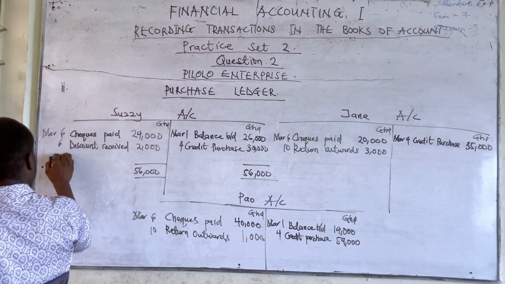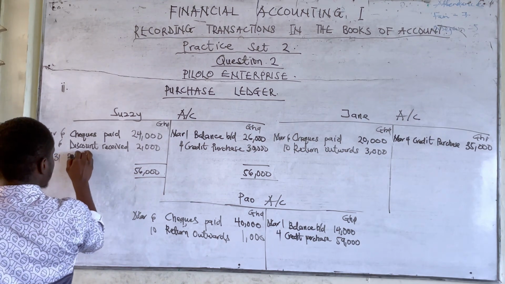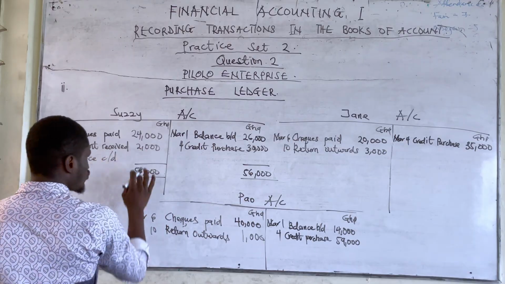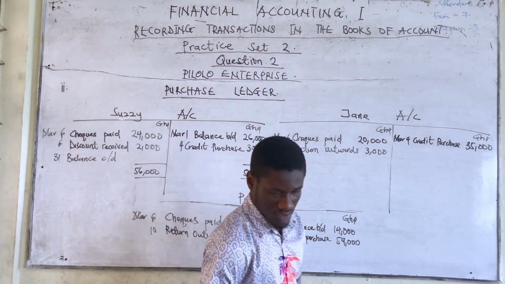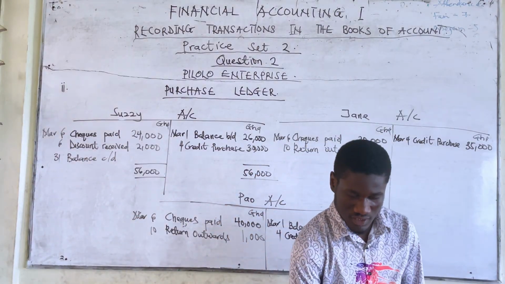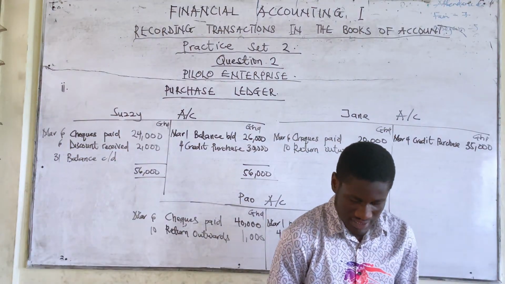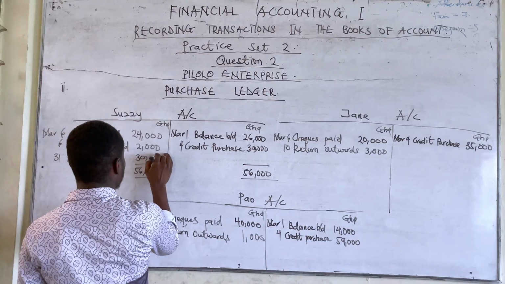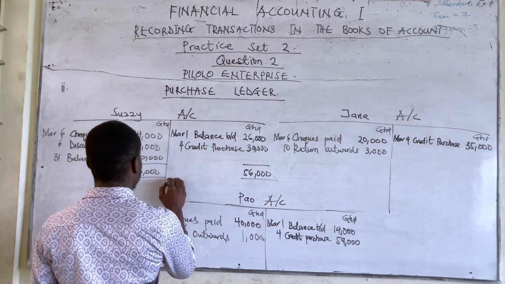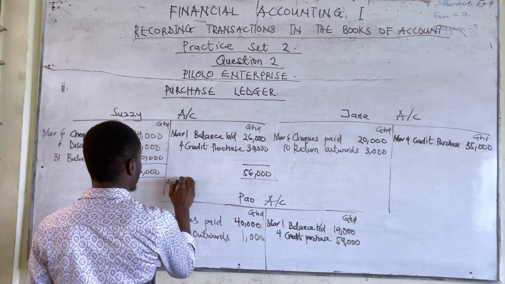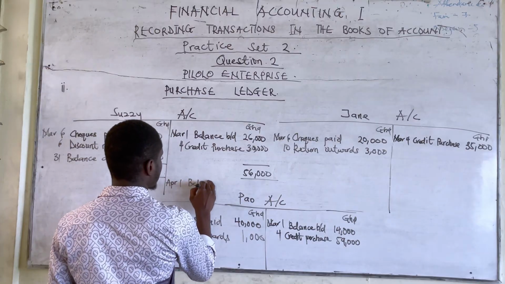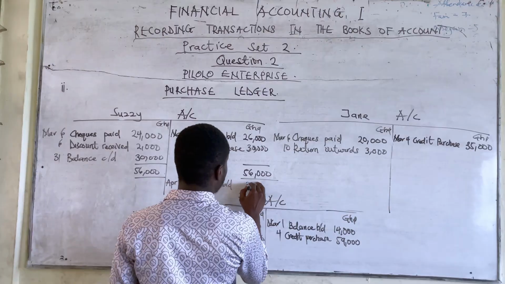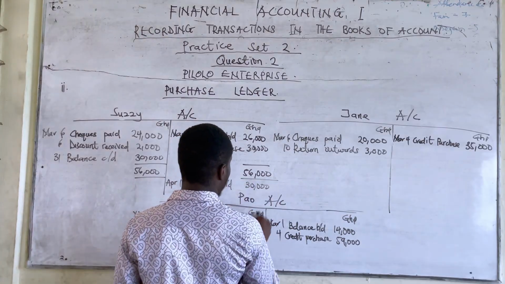So our balance CD is going to show here. Okay. So our balance CD is going to be what? 30,000. That's the difference. We'll bring it forward. April 1st. Balance BD, which is what? 30,000. Good.